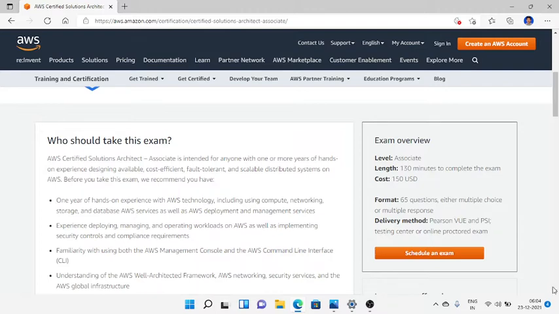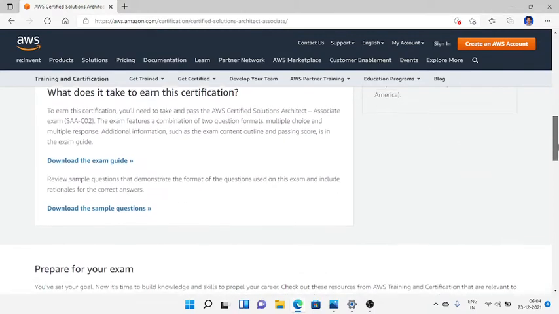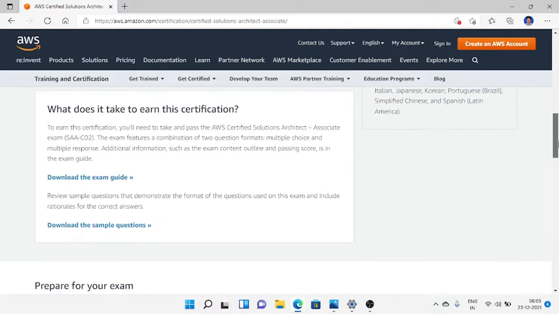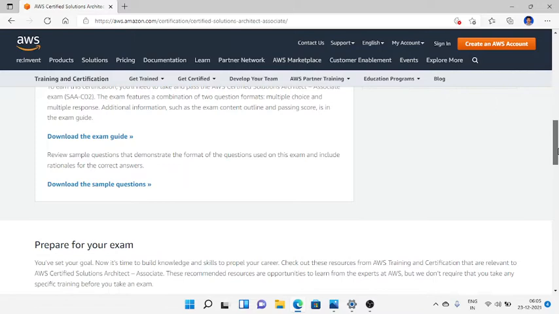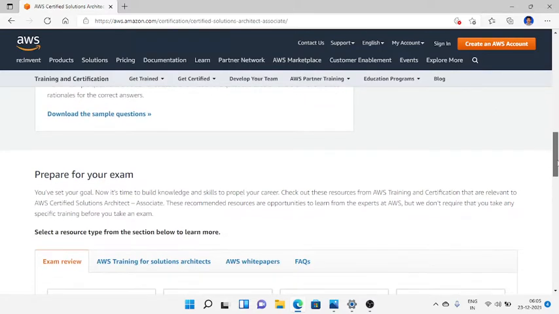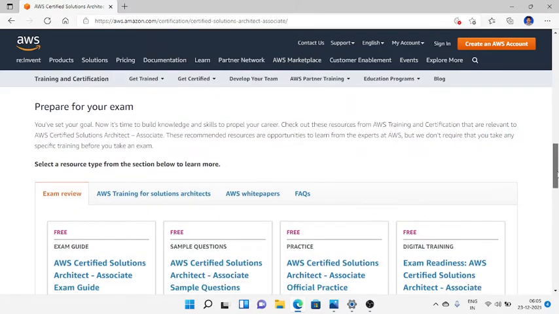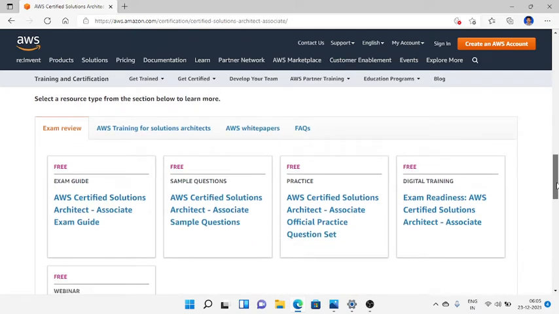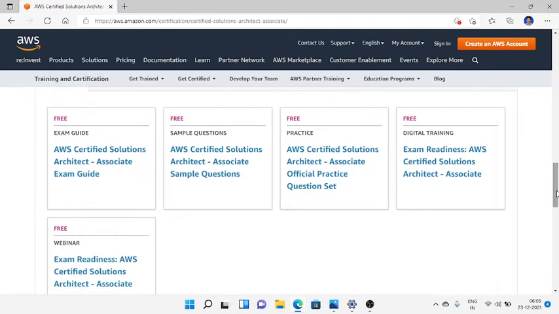Next comes what it takes to earn this certificate. A sample guide is given as well as sample questions. Let's go further to prepare for your exam. Here there is the exam guide, the AWS Certified Solutions Architect Associate exam guide.